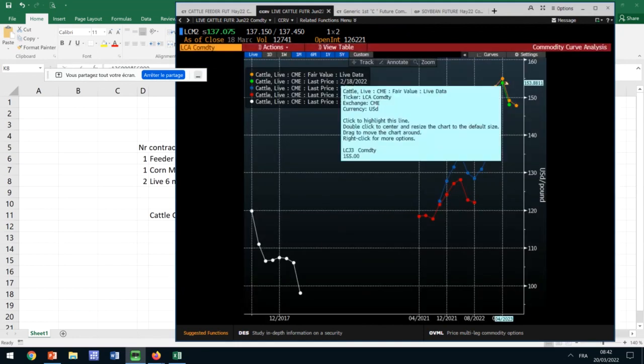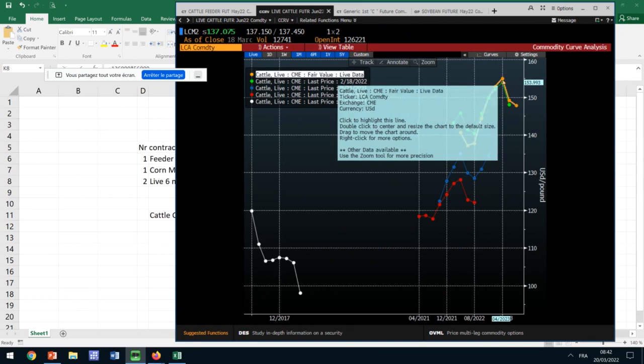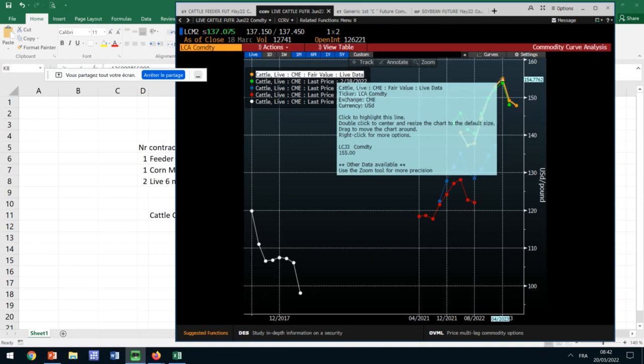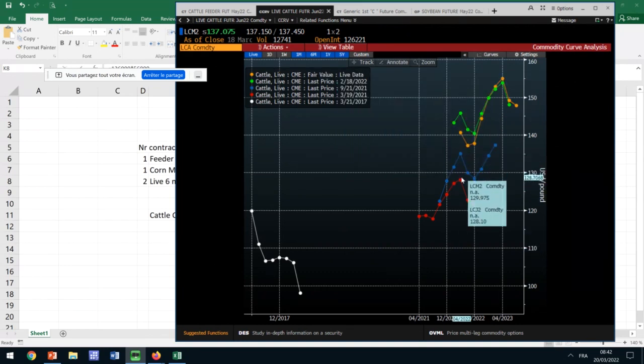So the May contracts, this is the April contract. The April contracts are always much more expensive than the remaining contracts.